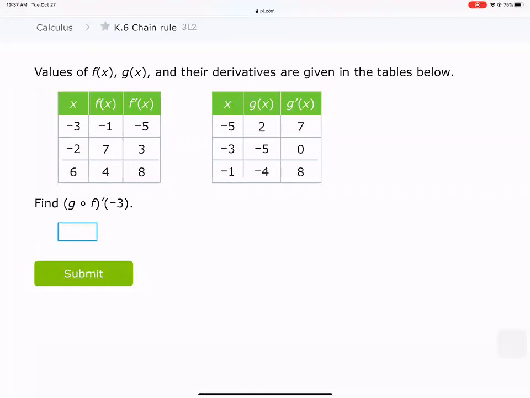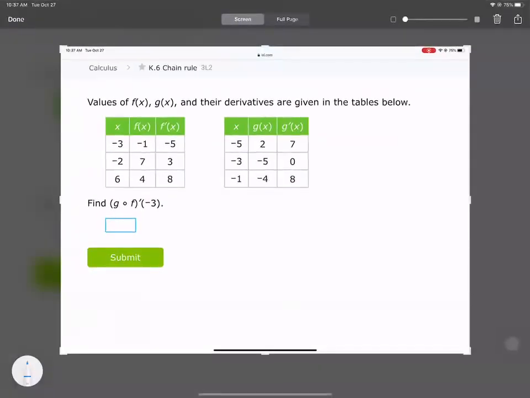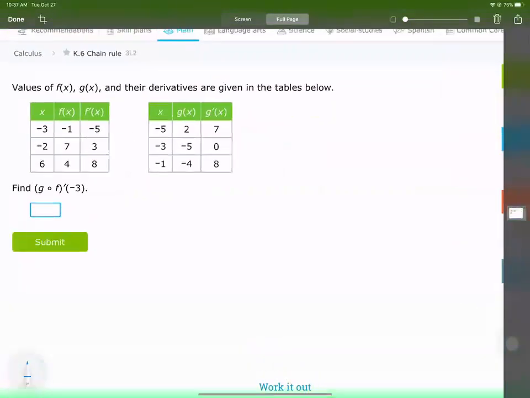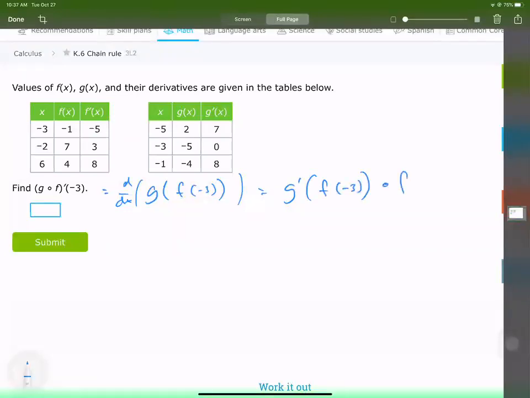Okay, I see a couple of different answers. Again, this is like a puzzle. Take your time. This is going to be d over dx of g of f of -3. And then this is going to be g prime, derivative of the outside, leave the inside alone, times the derivative of the inside.